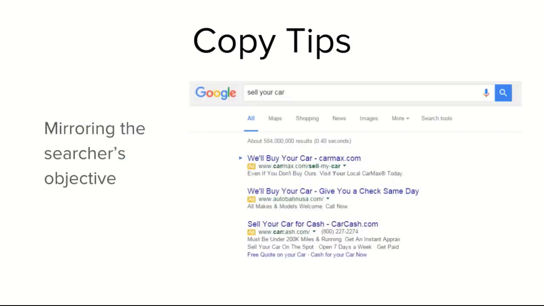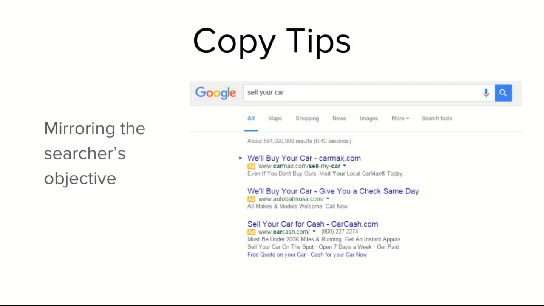Here's another tip that I want to share: if somebody is typing something in, you don't always necessarily have to put exactly what they wrote in your ad headline, but you can mirror what their objective is. In this particular example, somebody's searching for how to sell their car, and so you're basically just flipping that around and saying, hey, we'll buy your car.